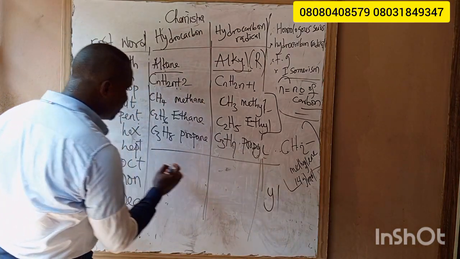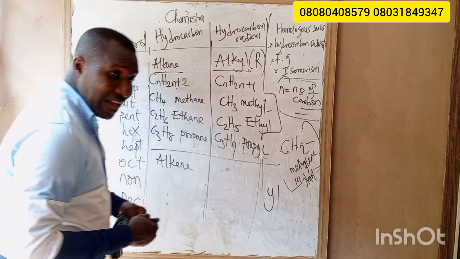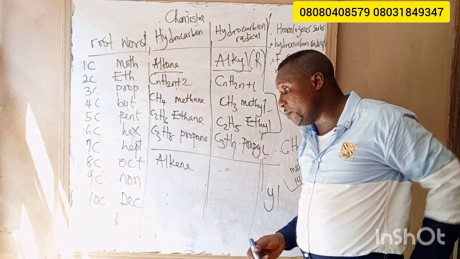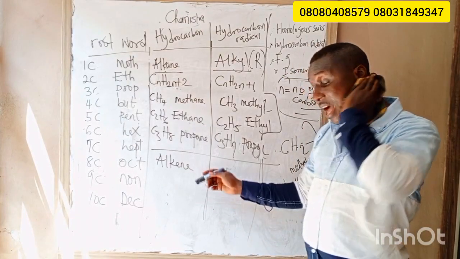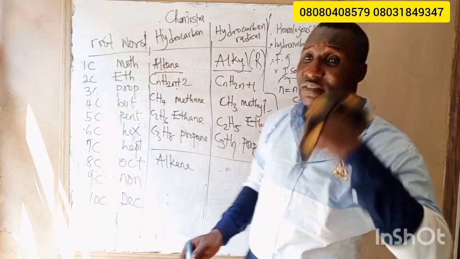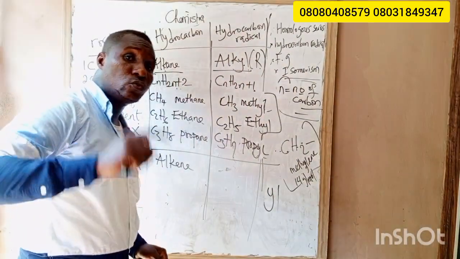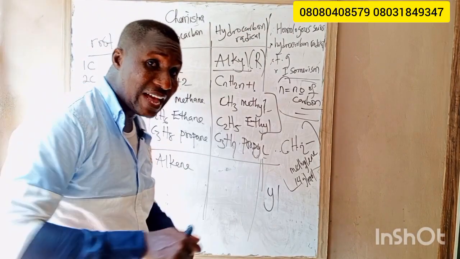The next family, alkene. What is the hydrocarbon radical of alkene? The same thing. When alkene loses one atom of hydrogen, you have its radical. When hydrocarbon compounds lose one atom of hydrogen, you have hydrocarbon radicals.